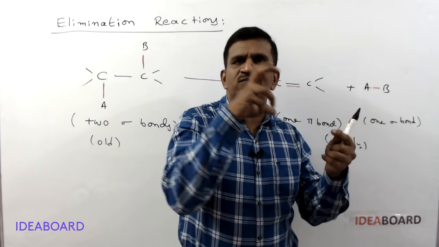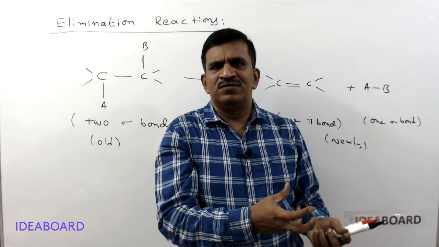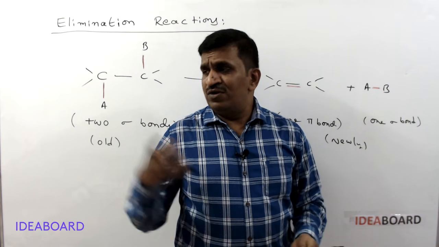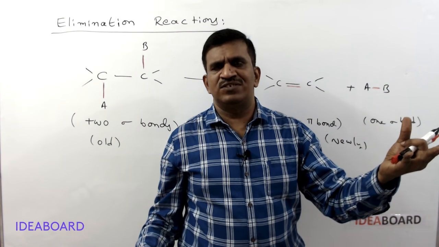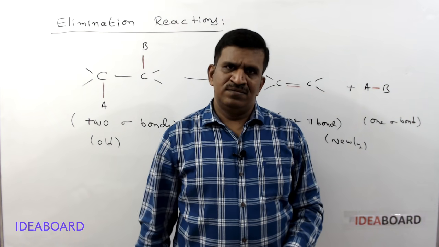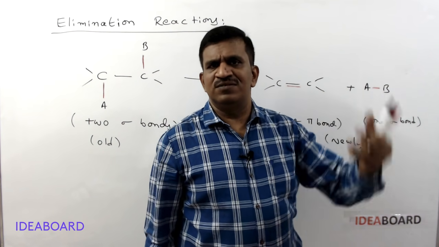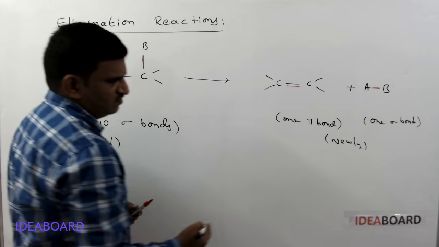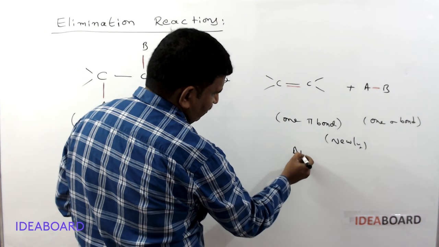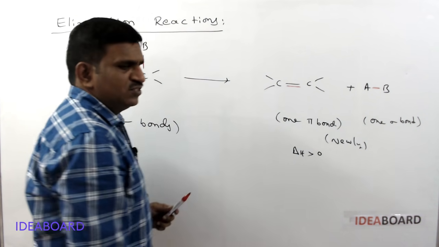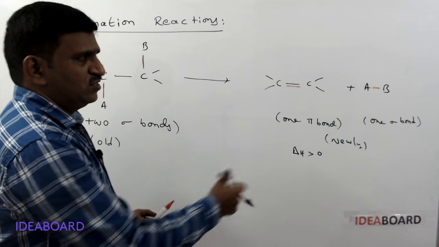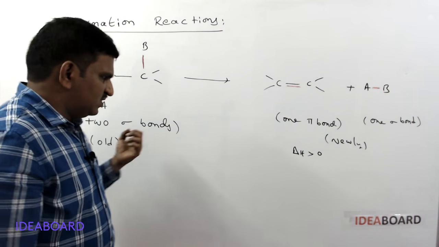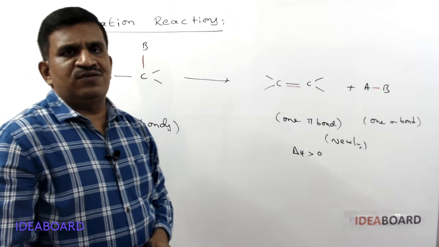Stronger bonds are converting into weaker bonds, which means a more stable molecule is converting into a less stable molecule. More stable means less energy, and less stable means more energy. So the delta H value becomes more than 0, because a less energy molecule is converting into a more energy molecule.